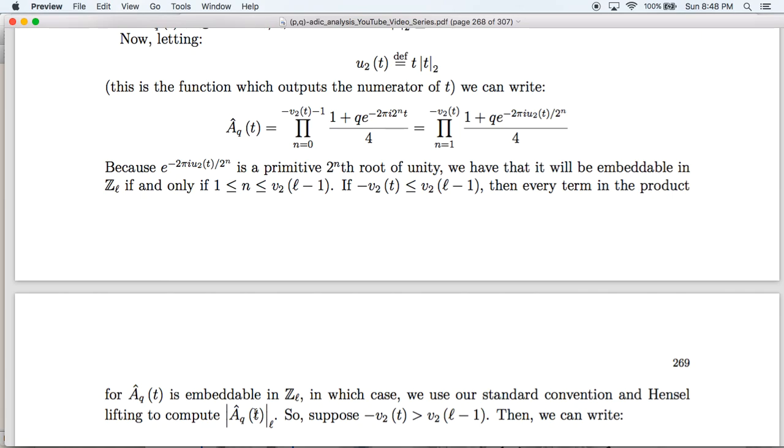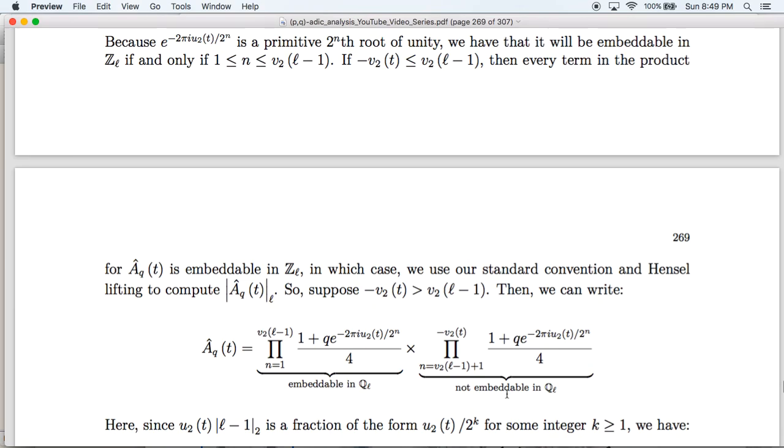So conversely, let's suppose that we have more than what we need, that negative v2 of t is bigger than v2 of L minus 1, which means that the smallest number field containing this number is going to contain some roots of unity which are embeddable in Z_L, but it's going to contain some roots of unity which are not. And so what we're going to then do is we'll just factor it according to the terms.